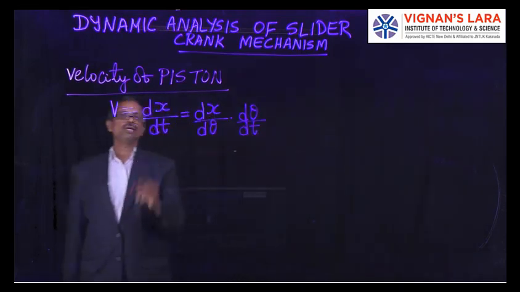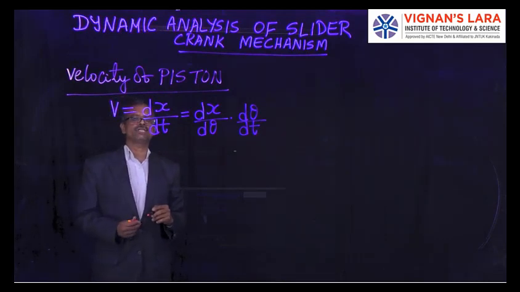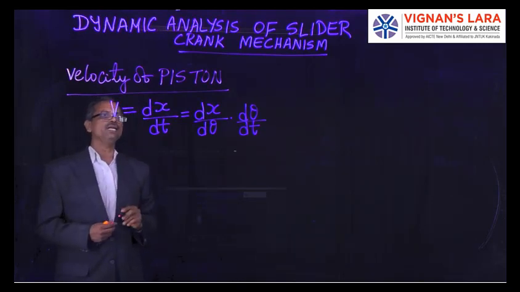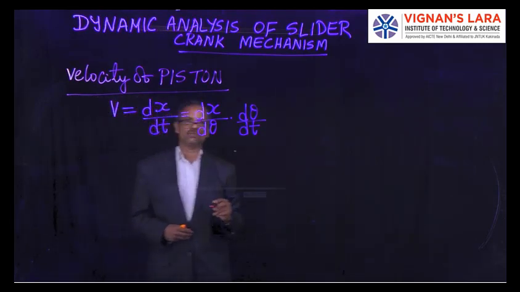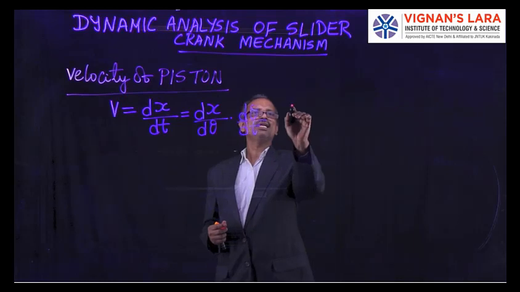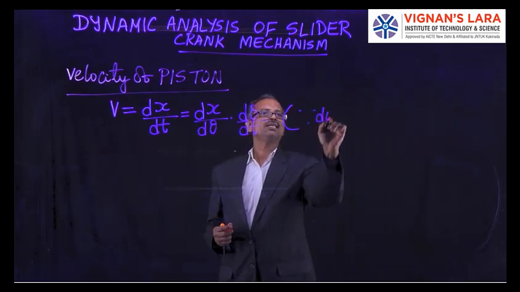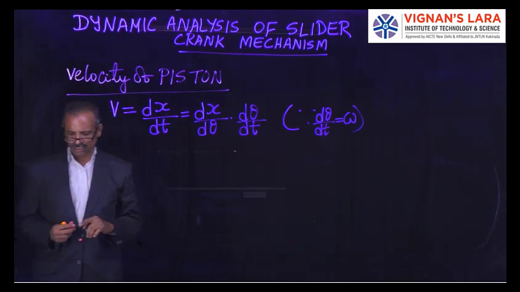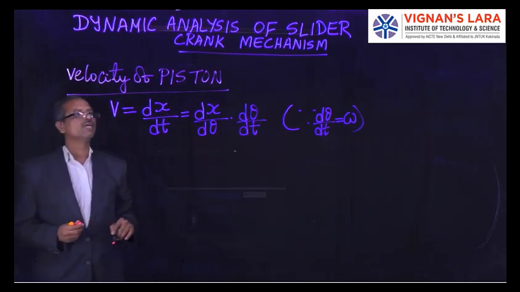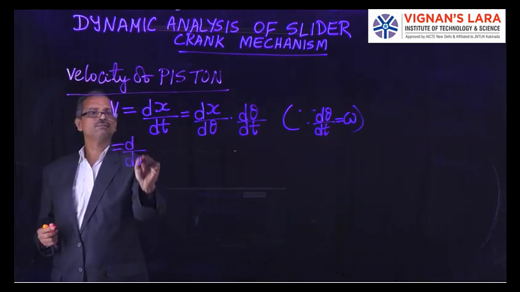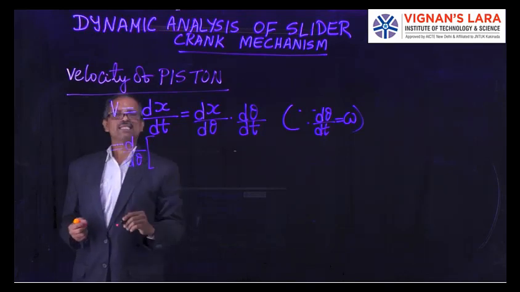So velocity is the rate of change of displacement, that is dx by dt, and that is rewritten in this form, dx by d theta into d theta by dt. You are aware that d theta by dt is nothing but omega. You are aware of this from the basic fundamentals. Now let me write d by d theta into x. What is x?